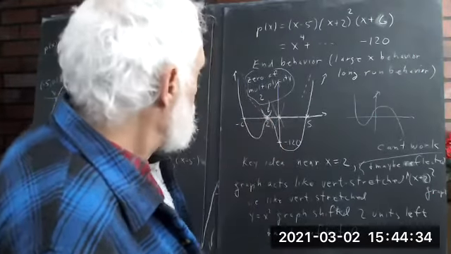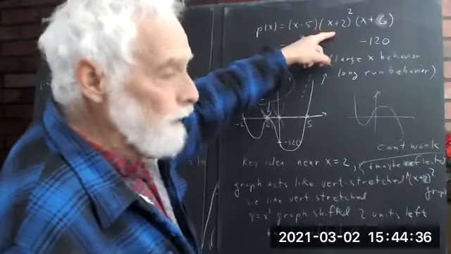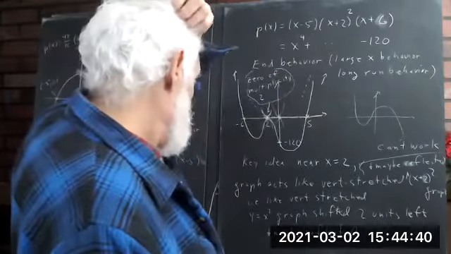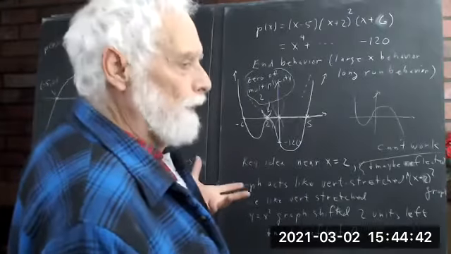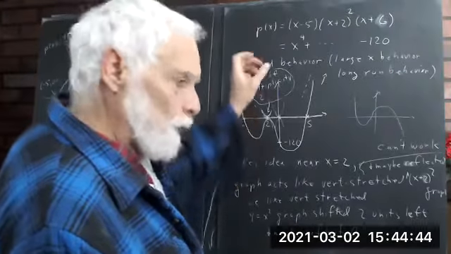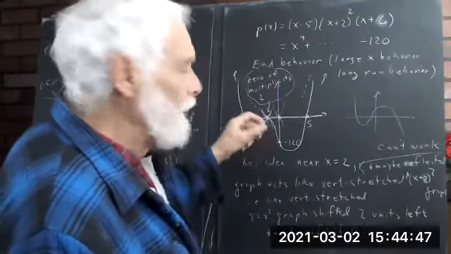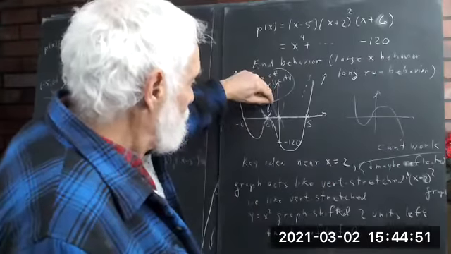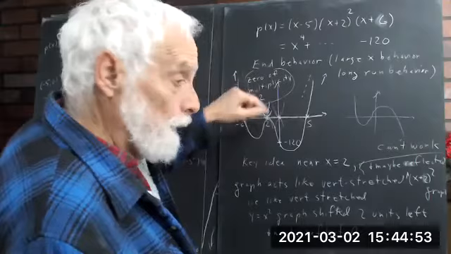Why did I do that? Because I know that this thing is going to behave like a parabola at x equals -2, and the parabola will be a vertically stretched or compressed x squared graph. I chose to stretch it. So here we have it, and here we have it.